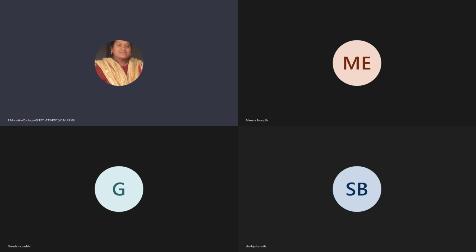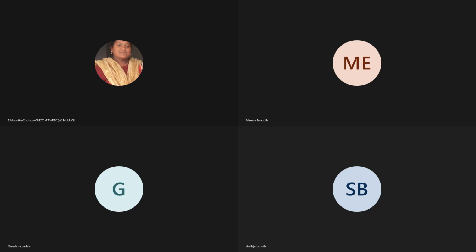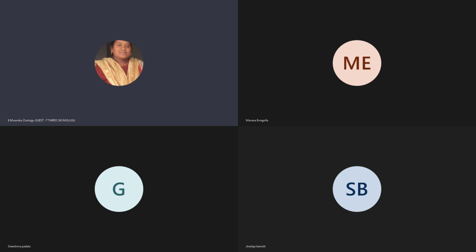Which means these cells are helpful for graft rejection. What is meant by graft rejection? Okay. Do you know about the transplantation process? What is meant by the transplantation process? Transplantation process is nothing but grafting taking place from one organism to another organism.